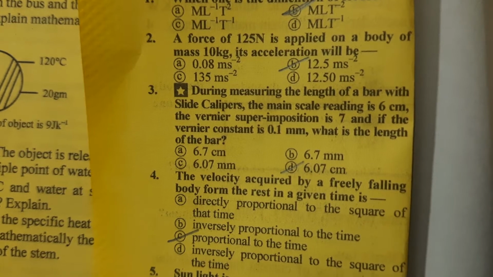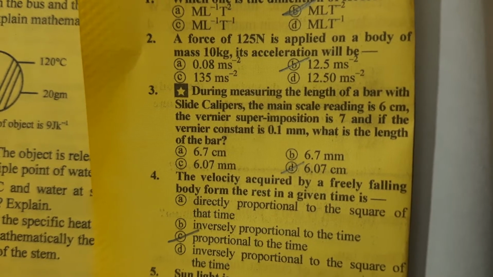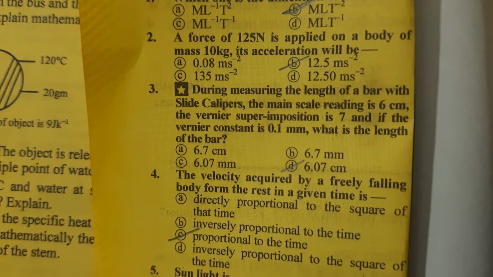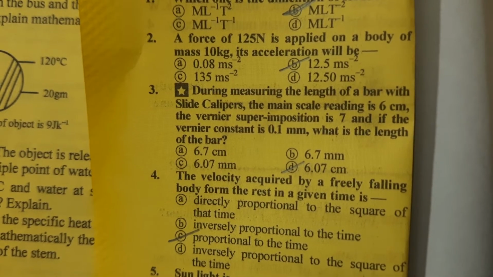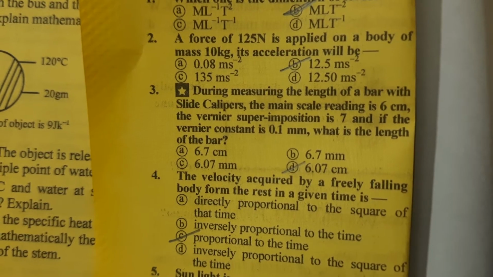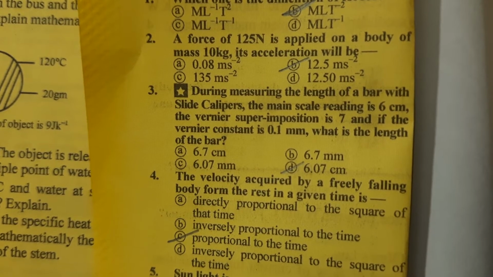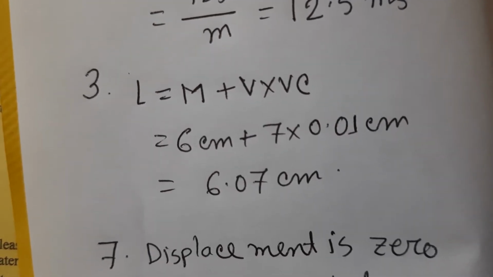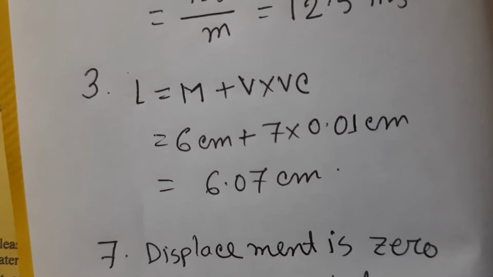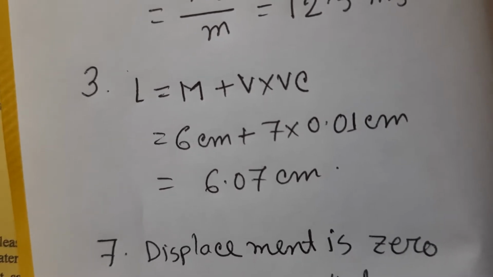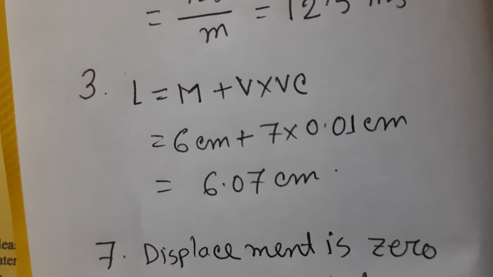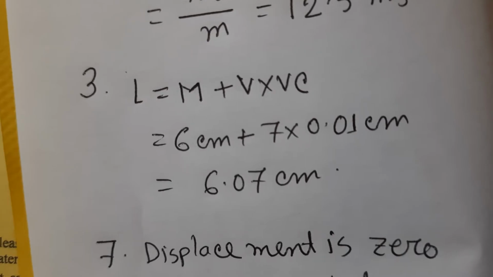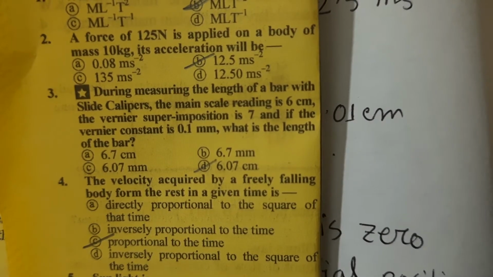So here we have given the main scale reading M equal to 6 centimeter, vernier superimposition V equal to 7, and vernier constant Vc equal to 0.1 millimeter. So we can write 0.01 centimeter. So my dear boys, here the formula is L equal to M plus V into Vc. So putting the value of these parameters, we get the answer is 6.07 centimeter. So the answer is D.